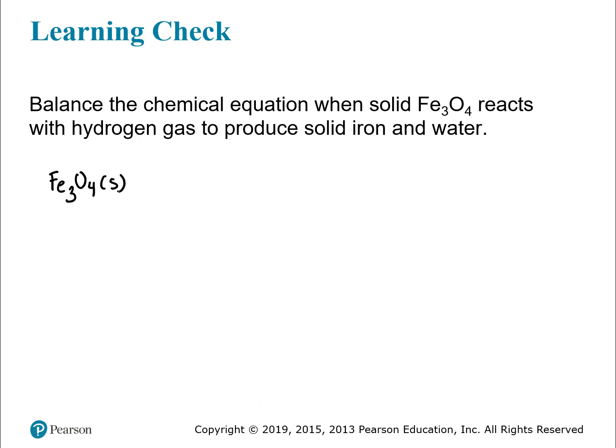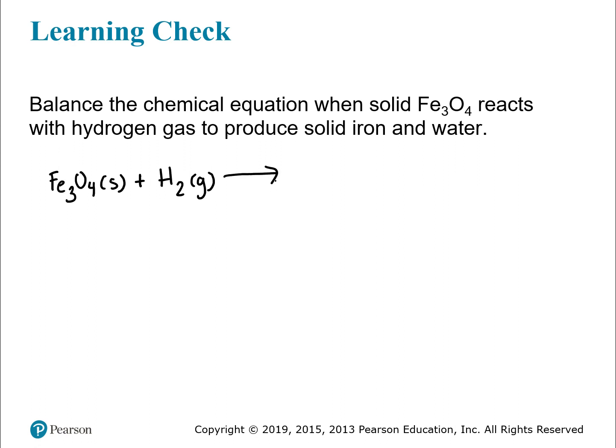So we have this solid reacts with hydrogen gas. That's hydrogen gas, okay? Hydrogen exists as a diatomic molecule, which we're going to talk about. But for now, just trust me. That's how you write hydrogen gas.